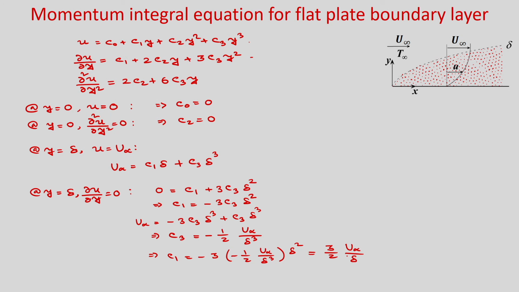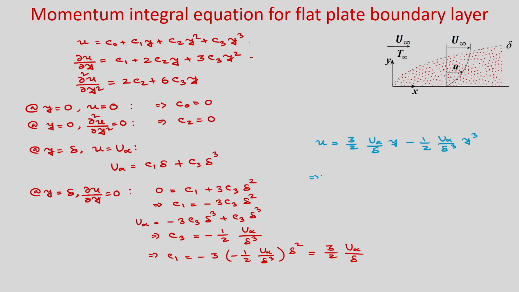So, now you can write the velocity profile as u is equal to C0 is 0, C1 is 3 by 2 u infinity by delta into y, then C2 is 0, and then you have C3, which is minus half u infinity by delta cube into y cube.